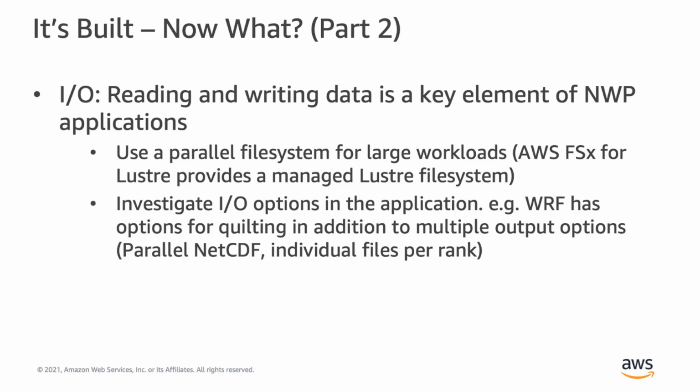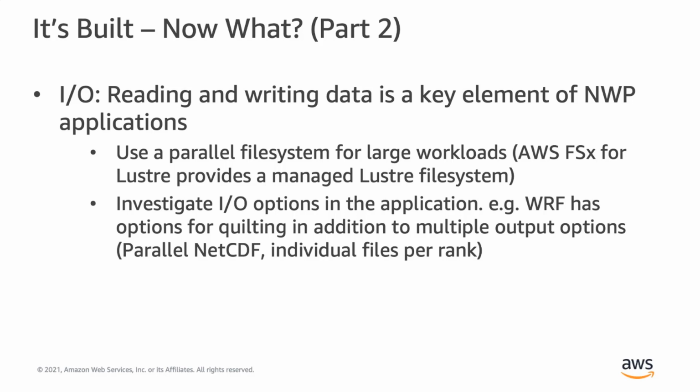Next, investigate I/O options within the application. For example, WRF has options for quilting, which means it sends data off to another node that's not doing computation, that's just doing I/O. So it takes in I/O operations that you need to write out very quickly through the network, and then does the slower write to disk, while the rest of those processes all continue computing.